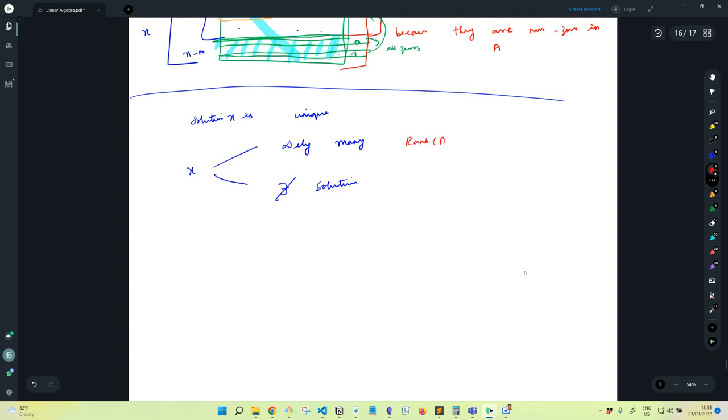It turns out the condition for infinitely many is when the rank of A equals the rank of the augmented matrix A comma B. And you get no solution when the rank of A does not equal the rank of A comma B.